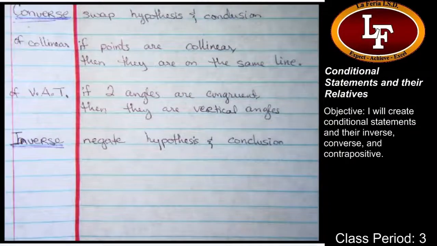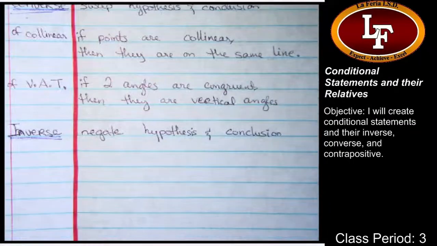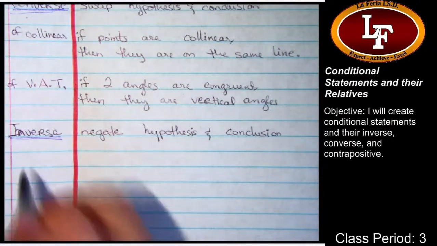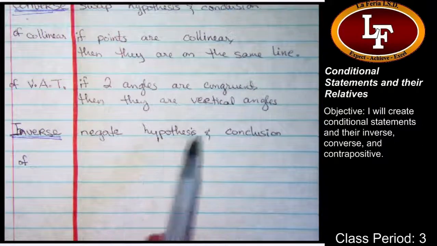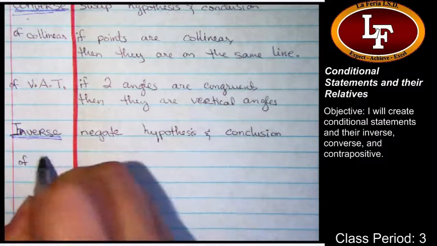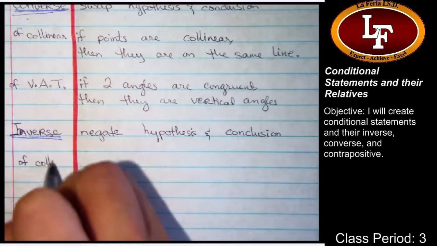So if I said, I like unicorns, negating the statement would make it mean the opposite: I do not like unicorns. They're so cute. Notice that we're negating both the hypothesis and the conclusion. So what would be the inverse of collinear?